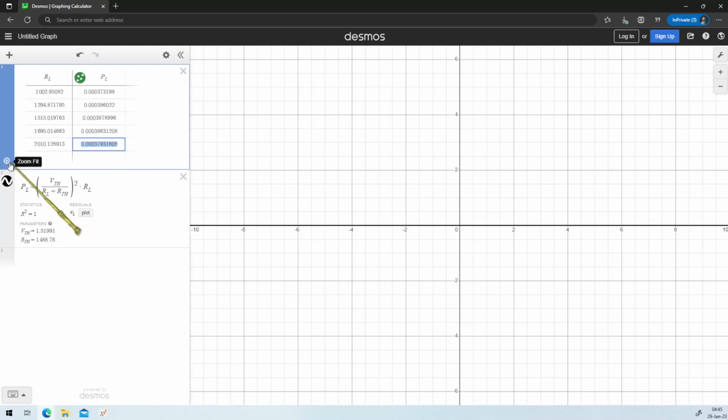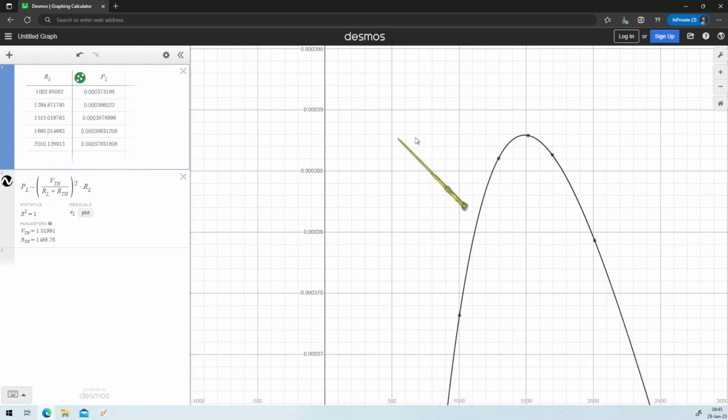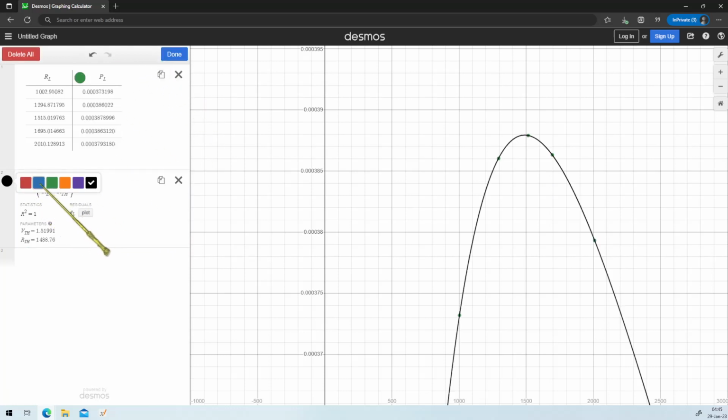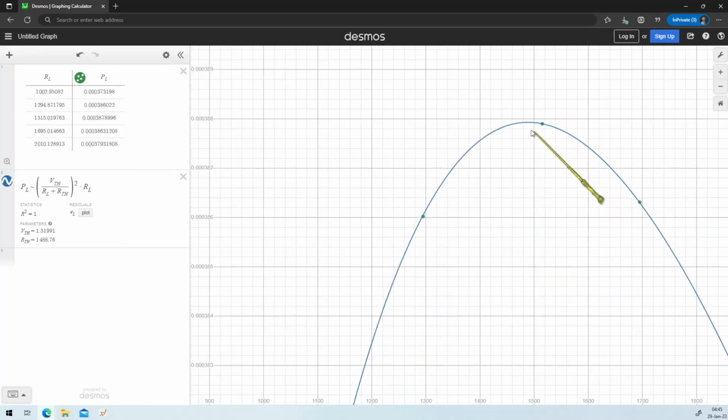Let's zoom in, pressing this to zoom into this data. Here we can see that this is our curve that we have fit. I can change the color, maybe blue. Yes. And we can find the maximum point here. This is the maximum point.